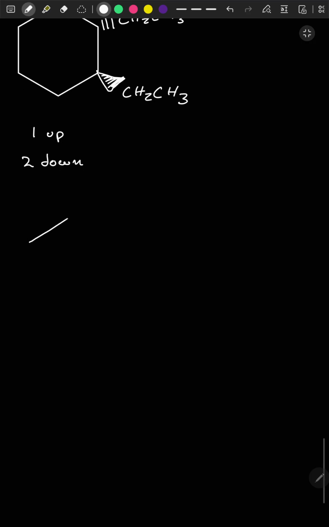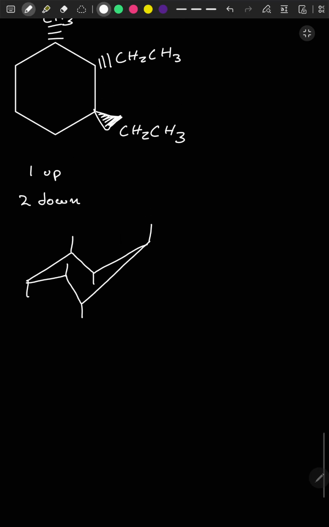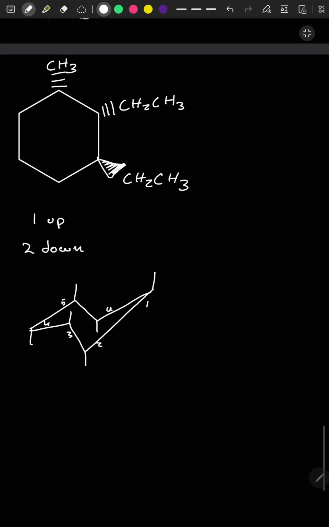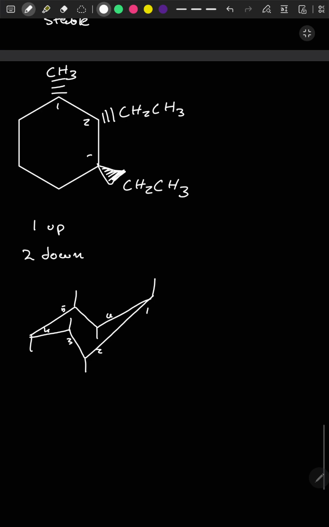So let's go ahead and draw our chair. Again, not the prettiest chairs you've ever seen, but they will do. So 1, 2, 3, 4, 5, and 6.